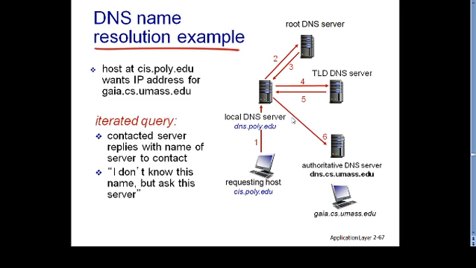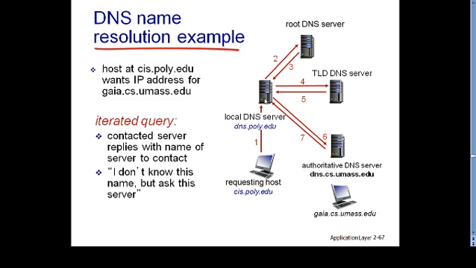And finally the local DNS server, on behalf of the client, sends a request for the IP address of the web server, and the authoritative DNS server, which has the actual mapping of that IP address, responds back with the IP address of the web server which the client is looking for.